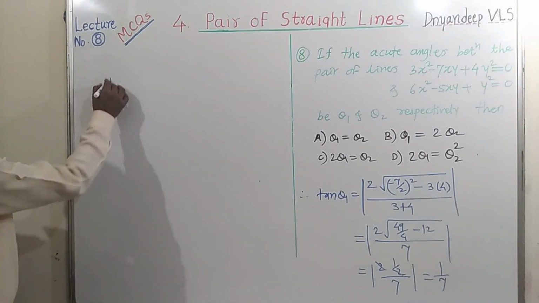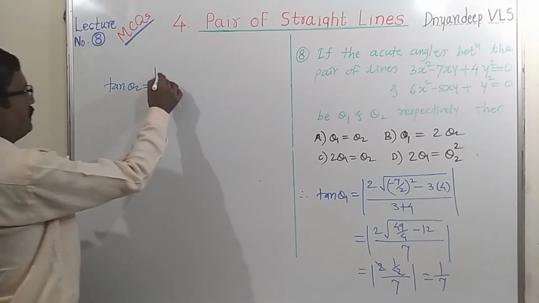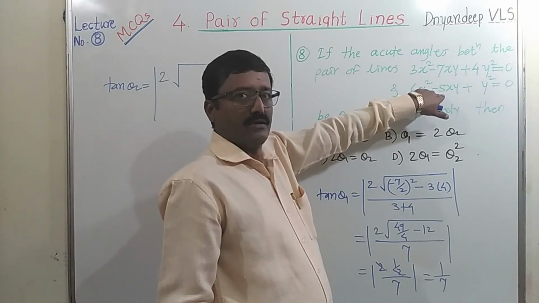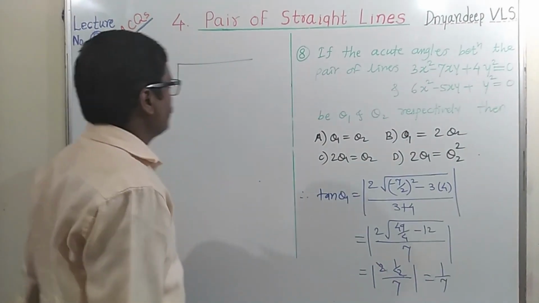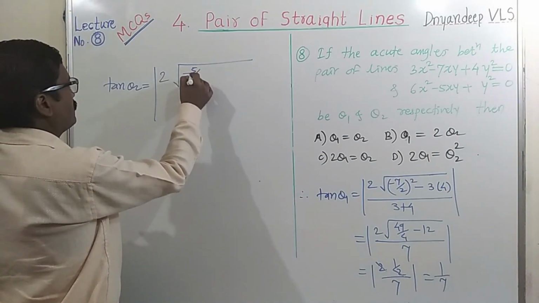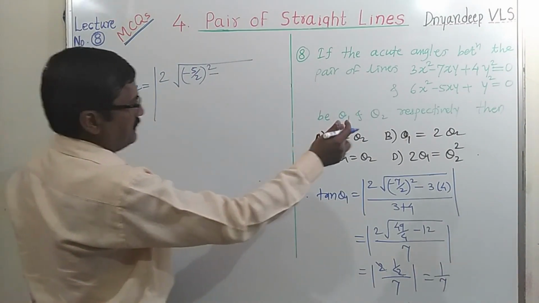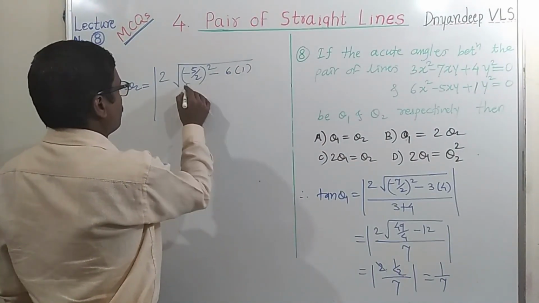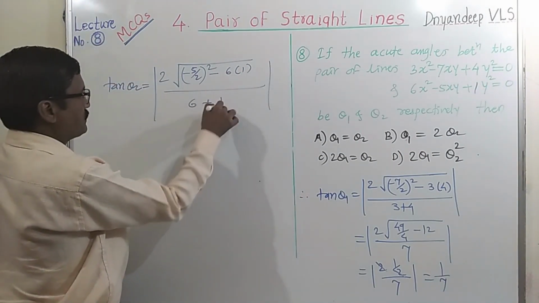Let us find the second, that is tan theta 2 is equal to, using the same formula, 2 root h square minus ab. Here 2h equal to minus 5, so h equal to minus 5 by 2. Minus ab, a is 6, b is equal to 1. So it is 6 into 1 upon a plus b, that is 6 plus 1.